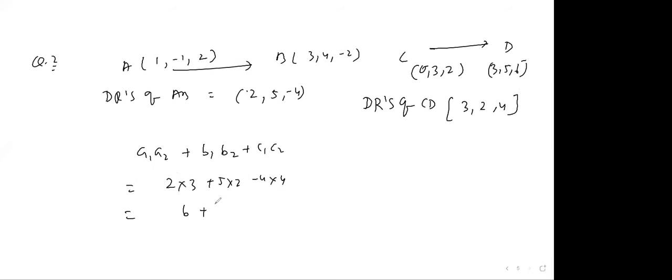So this is 6 plus 10 minus 16. 16 minus 16 is 0. Therefore, lines are perpendicular to each other.